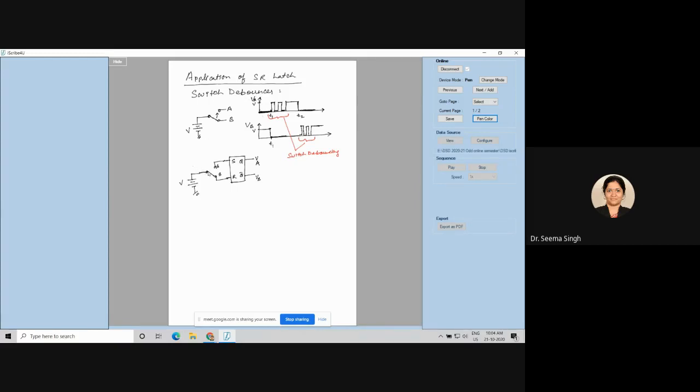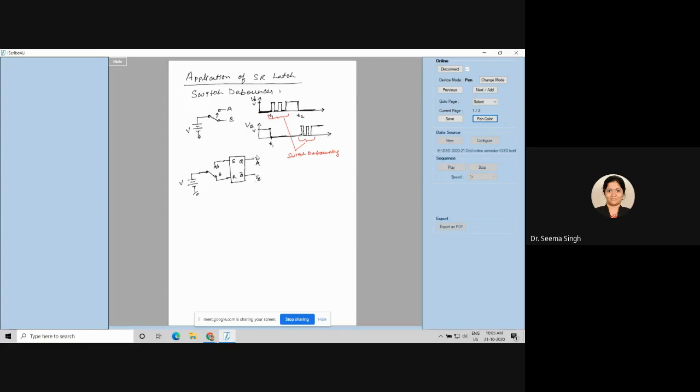See, when the switch is at B, and B is actually a reset, it is resetting the flip-flop, and Q will be 0 and Q bar will be 1. This is what you want. When it is connected to B, VB should be high, equal to V, and VA is 0.